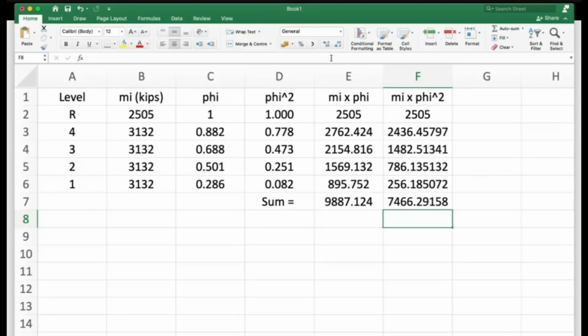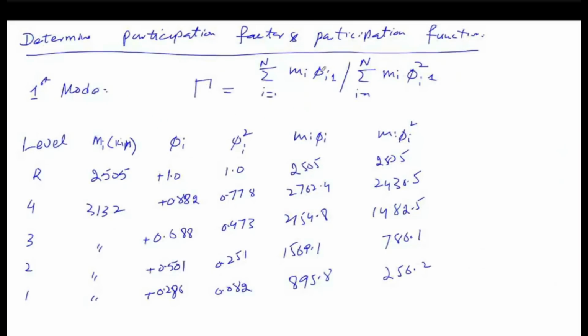So we got these two values. If you look at the formula, it is the sum of mi phi divided by the sum of mi phi square. So this column sum divided by this column. The summation that we obtain for this column is 9887.1, while this is 7466.3.